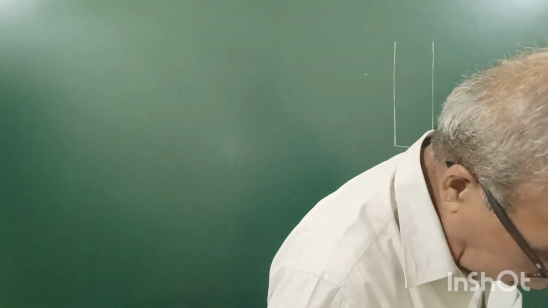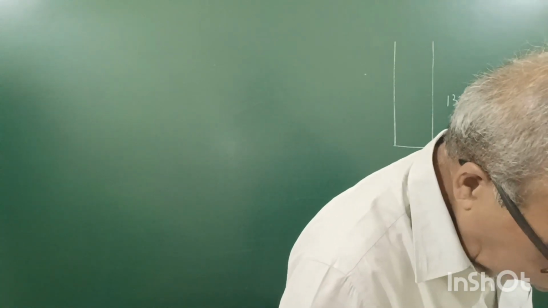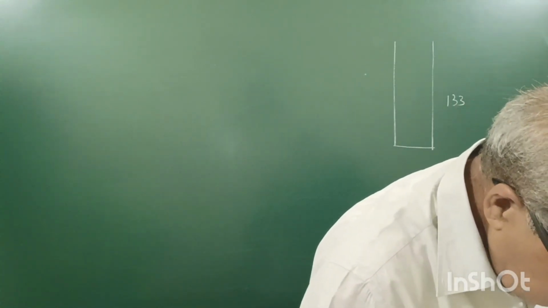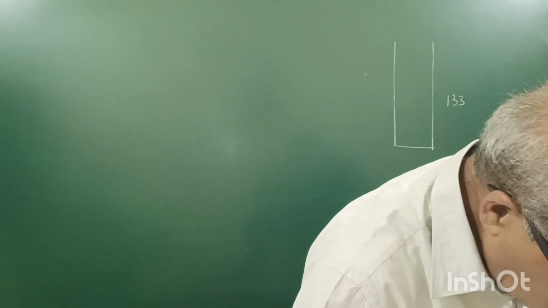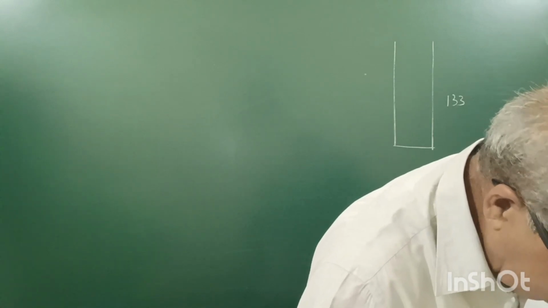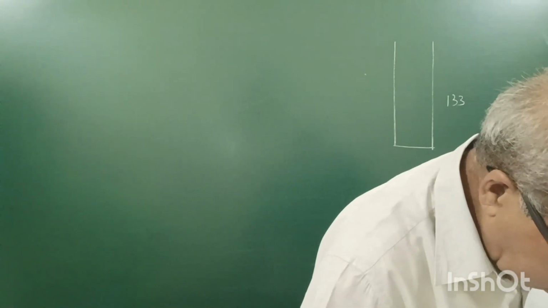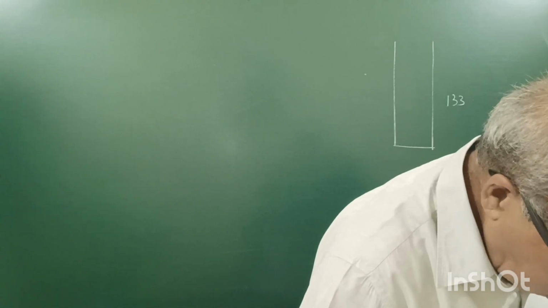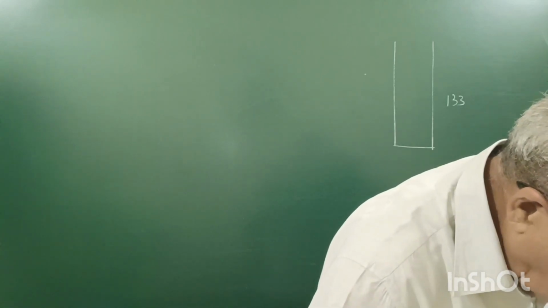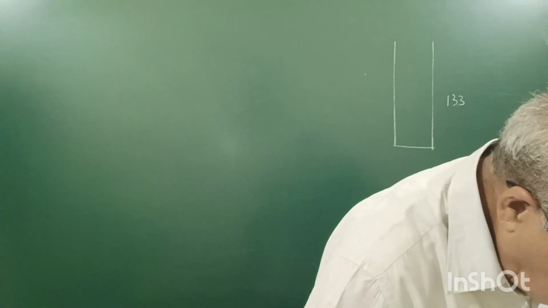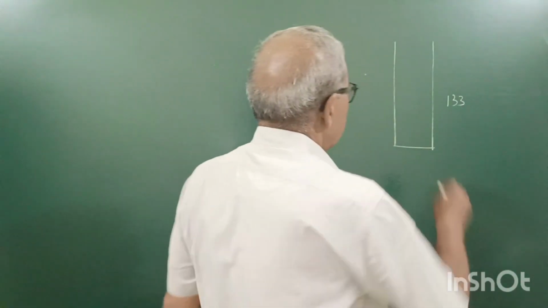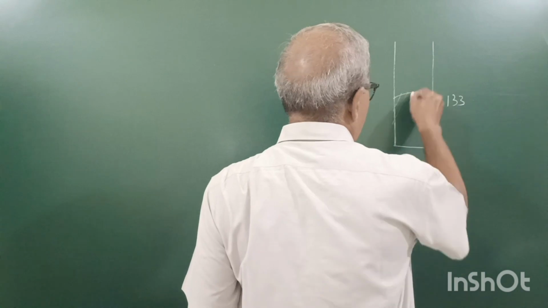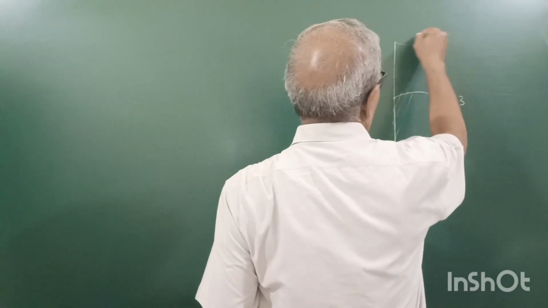A glass tube of uniform bore and length 130 centimeter is filled with mercury so that the volume of the tube above the mercury level remains the same at all temperatures. Now it says calculate the mercury column. Some mercury is filled in it and something is open.